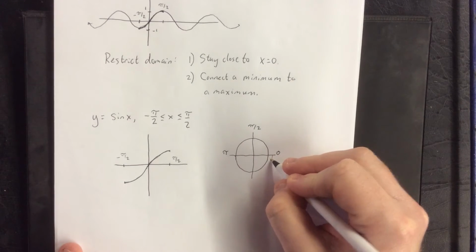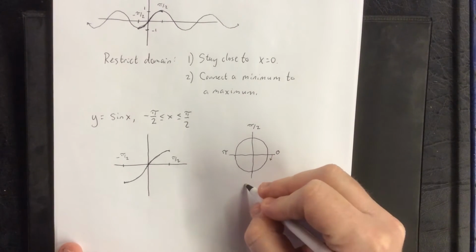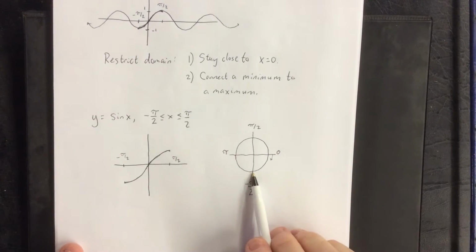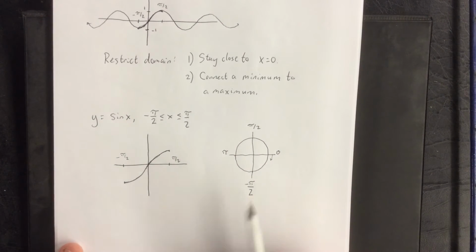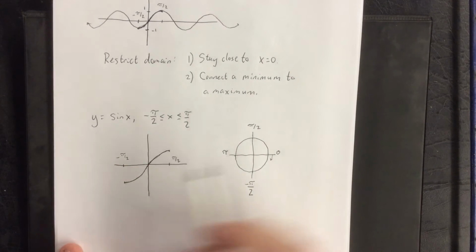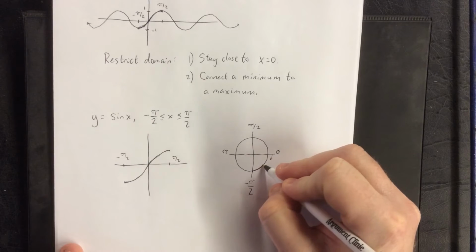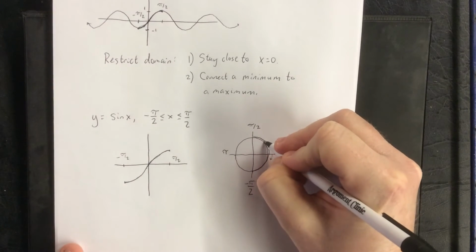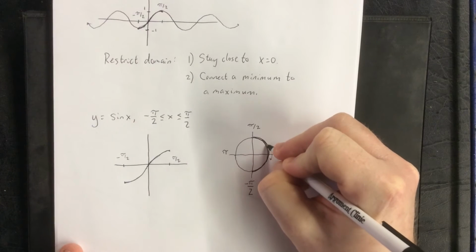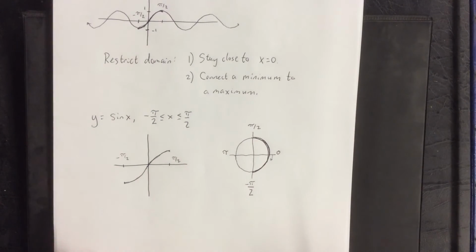But angles are now going to start at 0 and go in a clockwise fashion. So rather than labeling this angle as 3 pi over 2, I'm going to label it as negative pi over 2. So the angles that will work for the restriction for the sine of x are going to be all of the angles that are in quadrants 1 and 4, connecting negative pi over 2 to positive pi over 2.